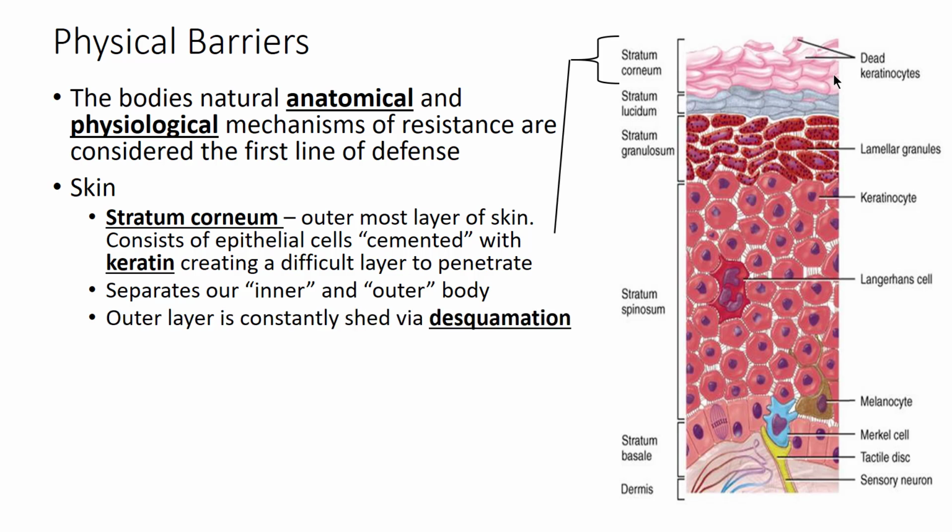Now, this layer, in addition to being dead, is constantly being sloughed off, as they say, through desquamation. Sloughed off just means that the cells are constantly falling off, and the way it works is that new cells are constantly growing up from the lower levels and pushing those cells off.